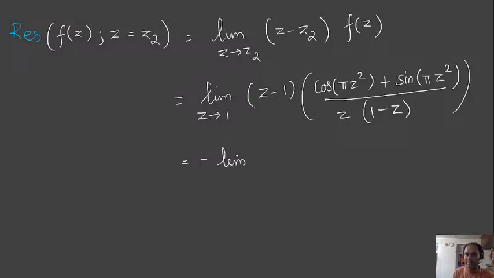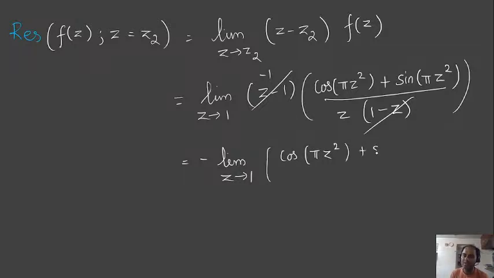So minus, if you are doing the cancellation, here you will be left with minus 1, right? So be very careful about this part. Okay, so here you have minus 1 coming into the picture when you cancel. So what you will be left is cos pi z square plus sin pi z square over z.